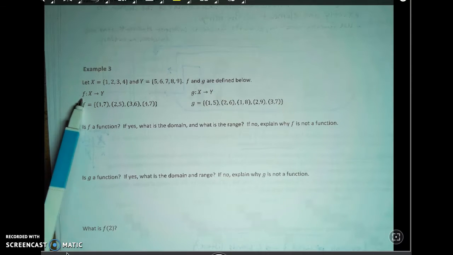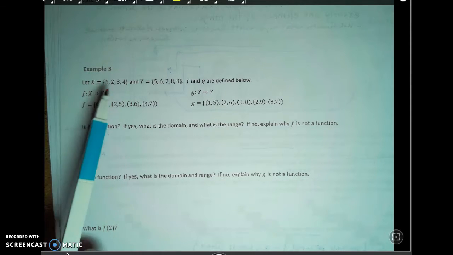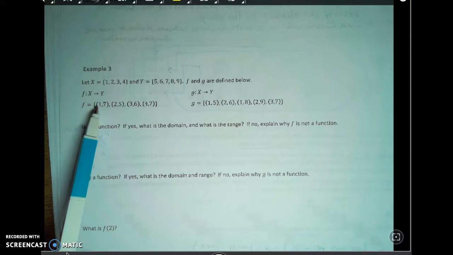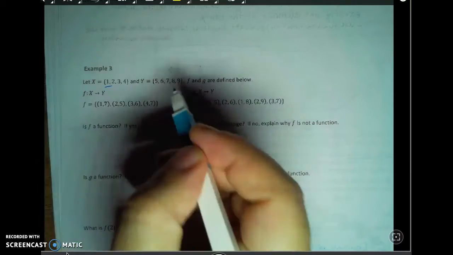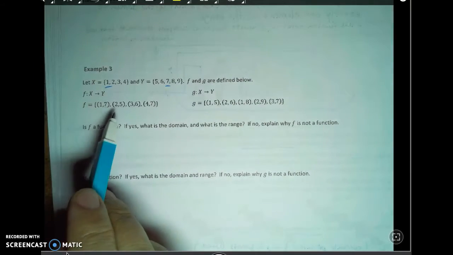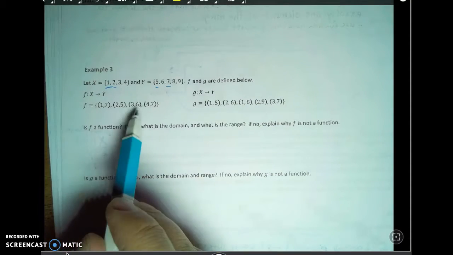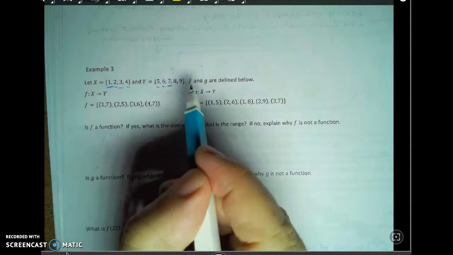So let's say function f says pick one element from the first set that relates to one element from the second set. So I have 1 and 7, so I take 1 and 7, then 2 and 5, good, 3 and 6, and 4 and 7.